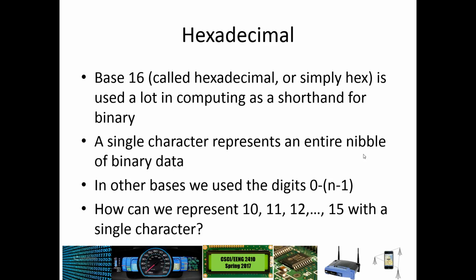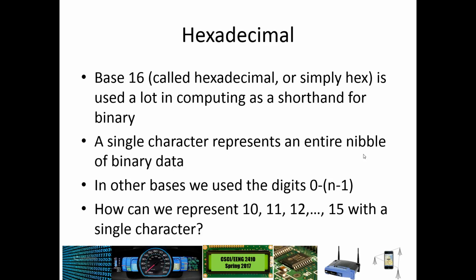Hexadecimal is also quite commonly used in computer systems. This is nice because it allows us to represent each of those groups of 4 with just a single character. Why? Because every 4 binary places will actually be another power of 16. The problem with hexadecimal is that we don't have a simple way with just our numbers that we're used to of representing values greater than 9.